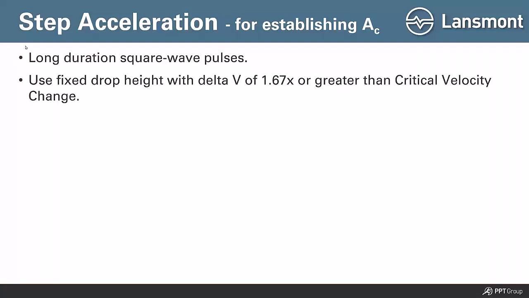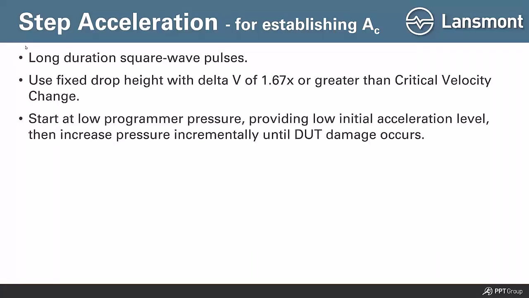You'd think, oh, why would I want to go higher than that? That's just going to cause the washer to come off the magnet. But it won't. Why? We could drop the machine from the full machine drop height, but if we limit the amount of acceleration that goes into it, even from that drop height, that magnet's not going to come off. So we want to go higher with this testing, or get higher velocity change.